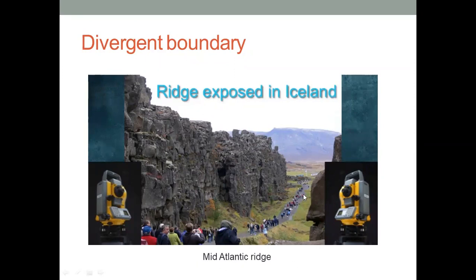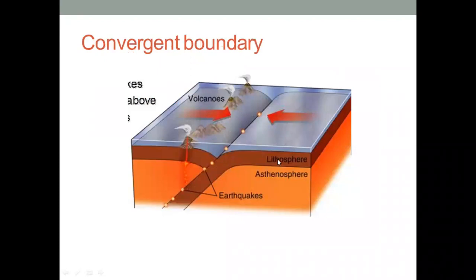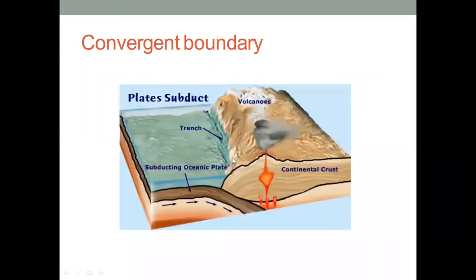In the mid-Atlantic ridge, this is a convergent boundary, that is, subduction boundaries. Plates subduct, you can see here. When plates subduct, the trenches are formed.